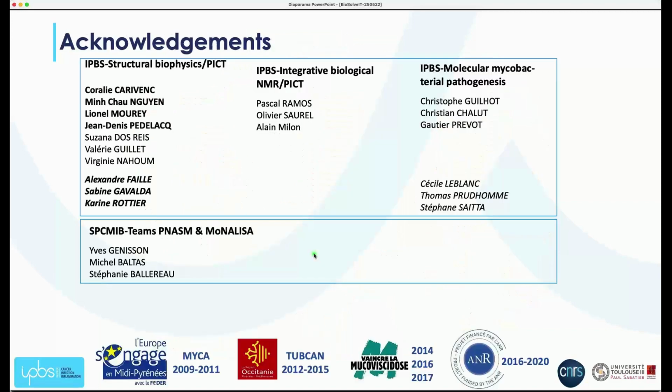This project involves quite a lot of people in our institute, IPBS, people from the group I'm working in, with the people in bold being really involved in the project, people from the NMR group and people from the molecular mycobacterial pathogenesis group. And also we worked very closely with chemists in order to synthesize the optimized fragments.